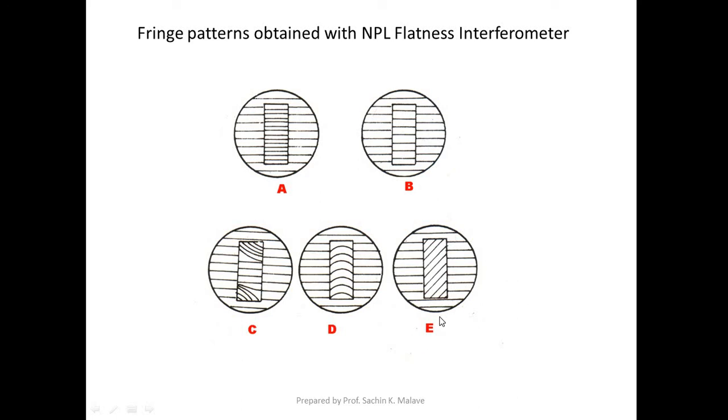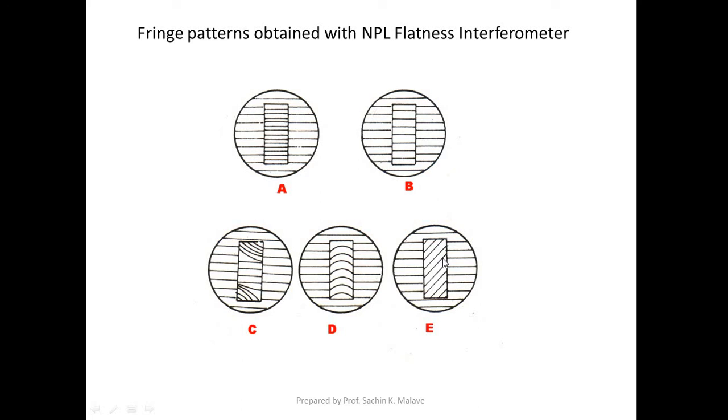There is one more surface. Again in this case, if we compare the fringes of both, the fringe pattern obtained here is horizontal lines, whereas these lines are inclined lines.